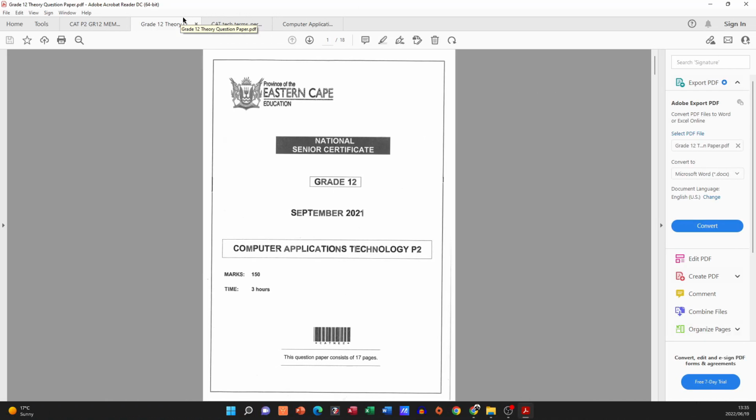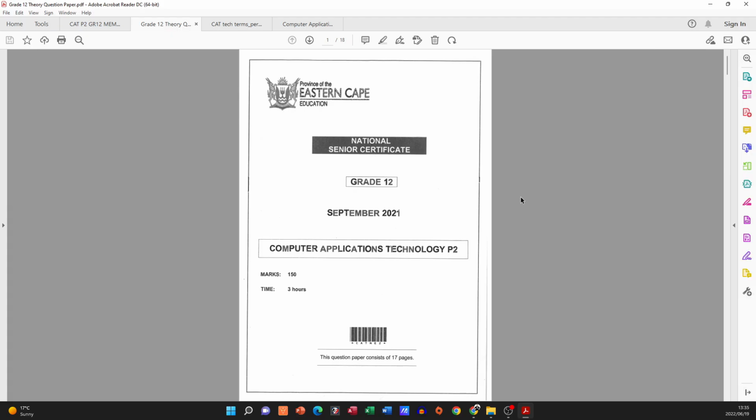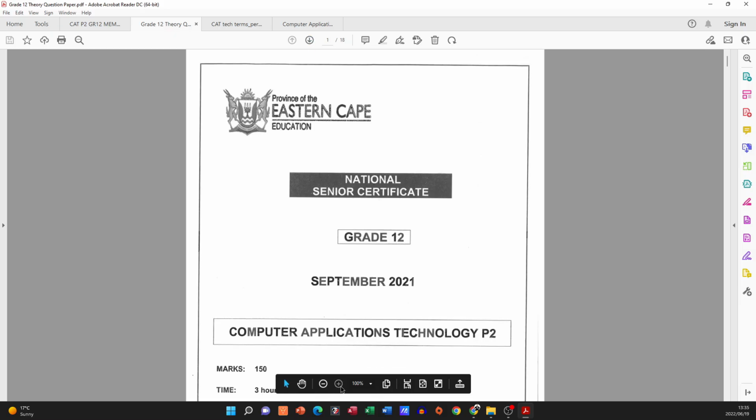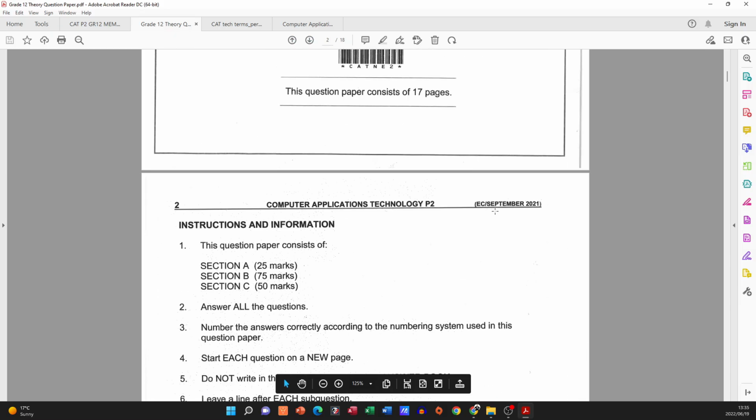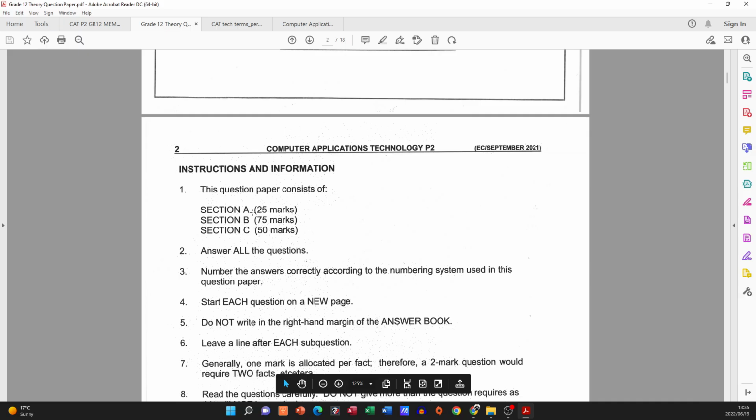So let's go and look now at a theory paper from September 2021 to see if what we just went through actually applies here. And this is going to be last year's paper. Let me just, there we go. Okay, so here we can see section A, our short marks, 25.